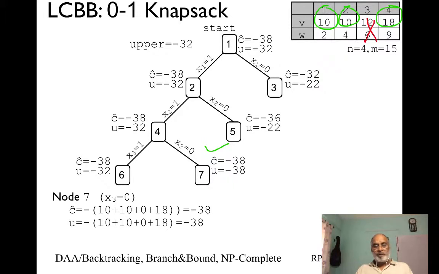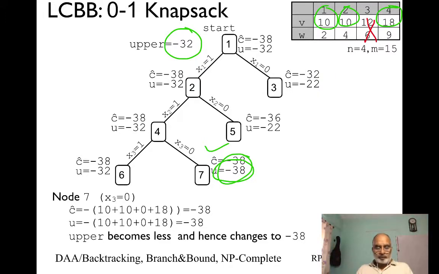Now look, my upper bound has decreased. It was minus 32 before, and now it has become minus 38. So upper bound changes, and because upper bound changes, I need to update the best solution to minus 38. Now look at what has happened. Now because my upper bound has changed, I should not consider any node whose cost happens to be more than minus 38.